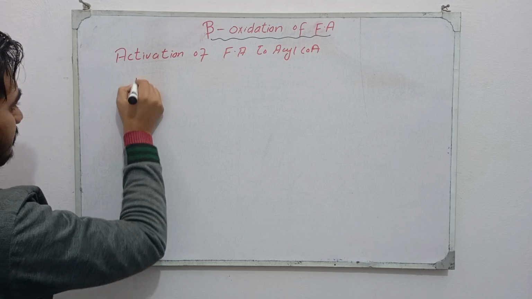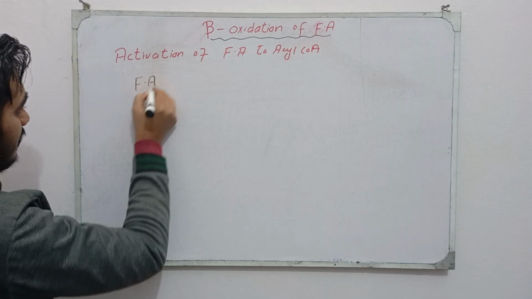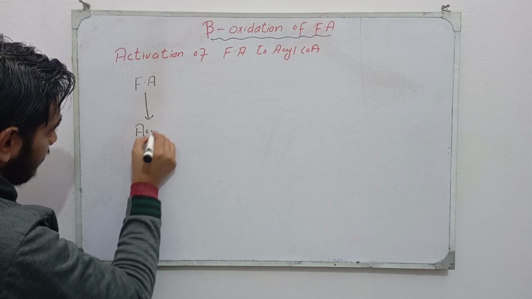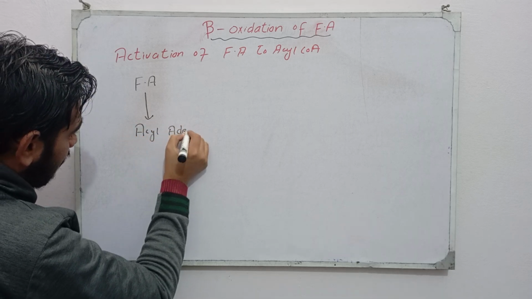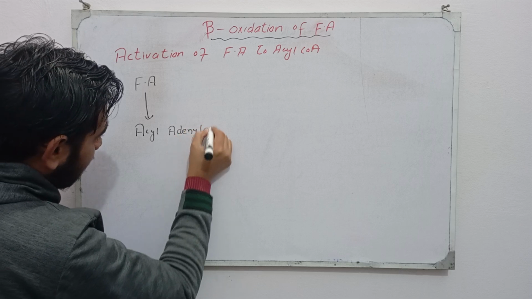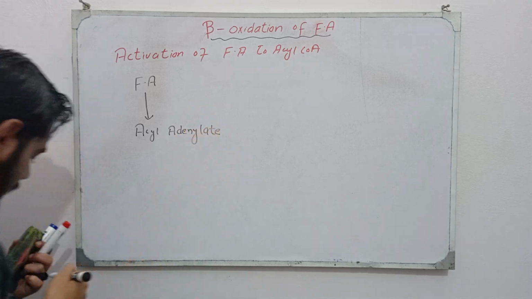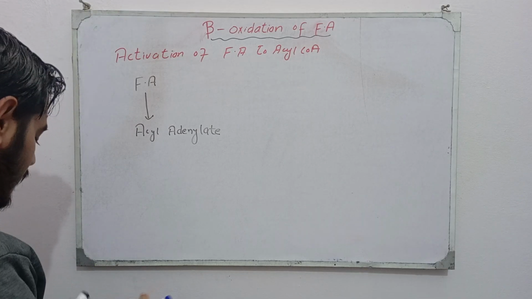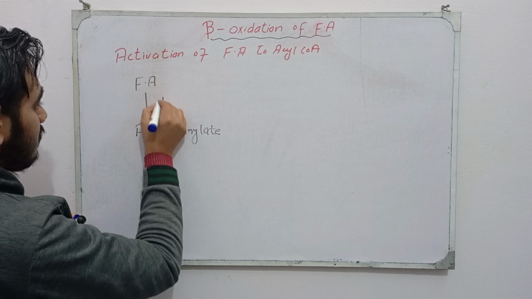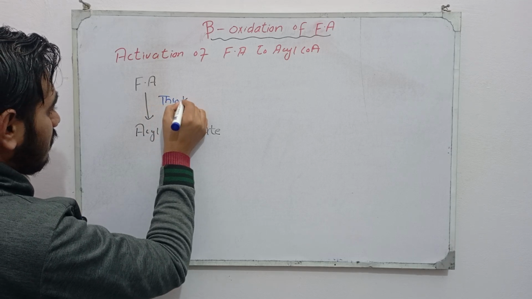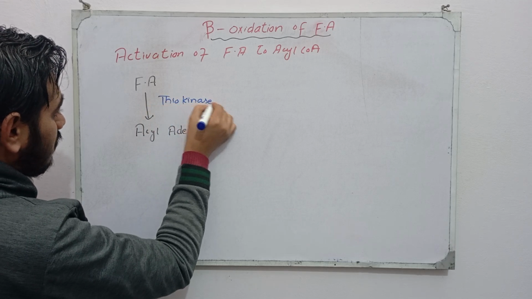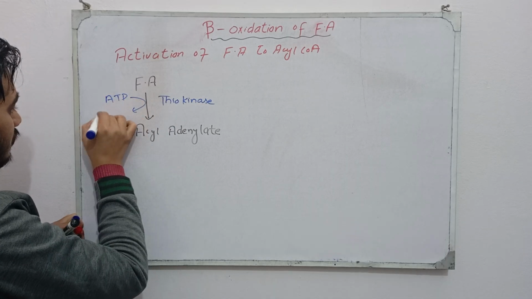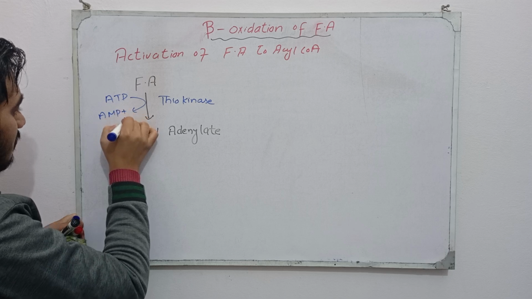Here the fatty acid converts into acyl adenylate with the important enzyme thiokinase, and ATP converts into AMP and pyrophosphate.